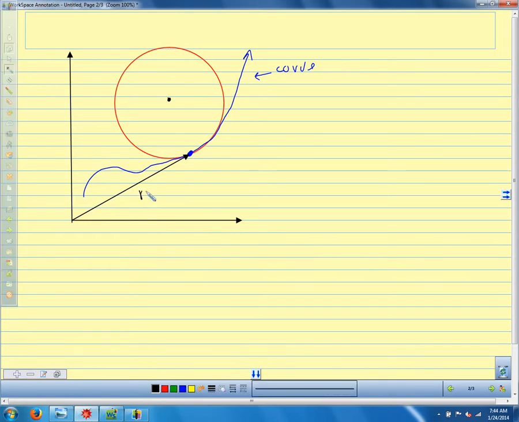So that is r of t. And we're going to draw a vector to the center of the circle of curvature. We'll call this vector c. So that's just a vector that points to the center of our circle. We can find the components of that vector. That gives us the coordinates of the center of the circle, and we can find our equation.